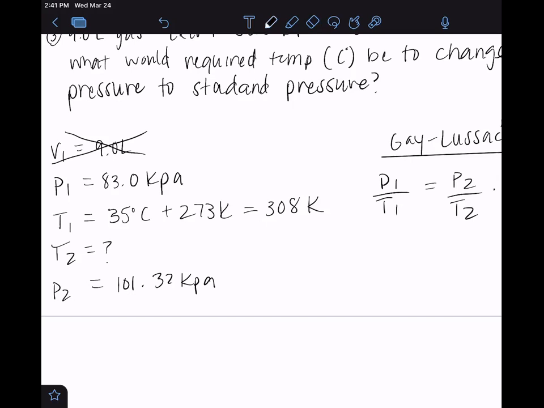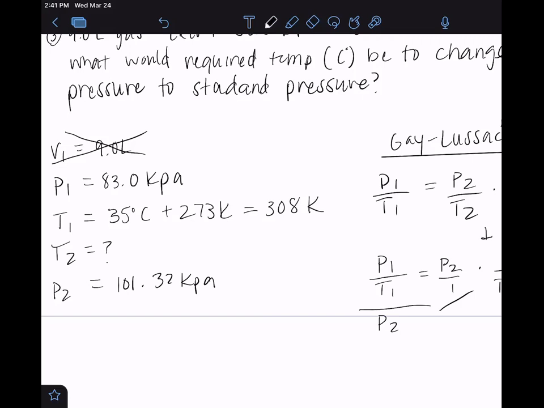Okay, so if we separate those out, then the new equation would be P1 over T1 is equal to P2 over 1 times 1 over T2. So then what we can say is, okay, well now I can take this, and since we're multiplying, I'm going to go ahead and divide by P2, because P2 over 1 is still P2.